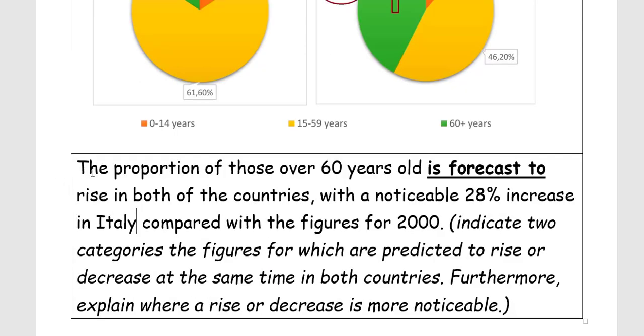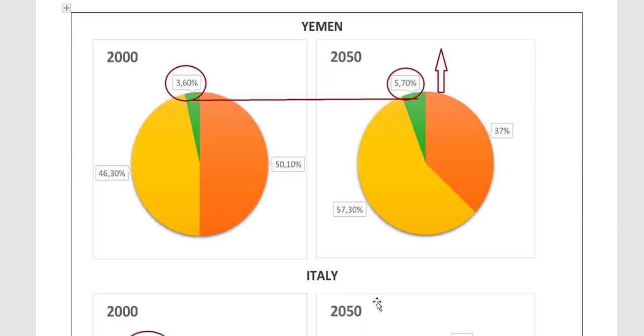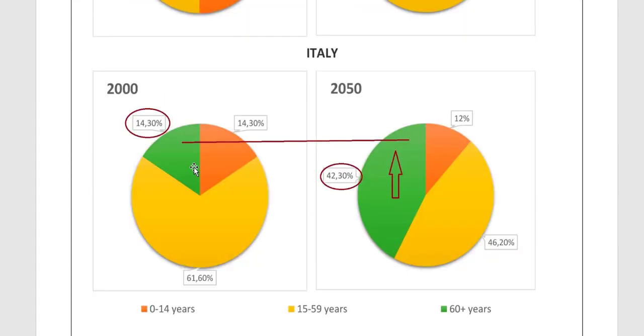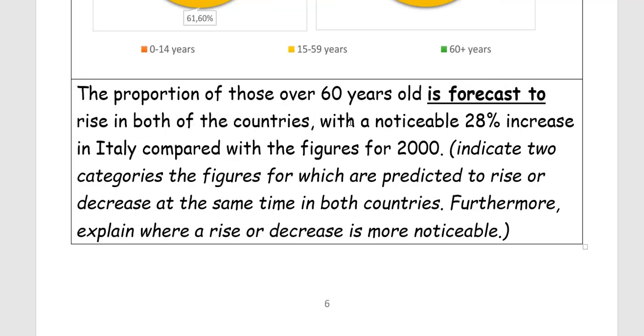The proportion of those over 60 years old, and you see this, 60, is forecast to rise in both of the countries. Is forecast to basically means is likely to, will probably. So we can see that there is an increase and there is an increase, and that's exactly what we're doing now, with a noticeable 28% increase in Italy.